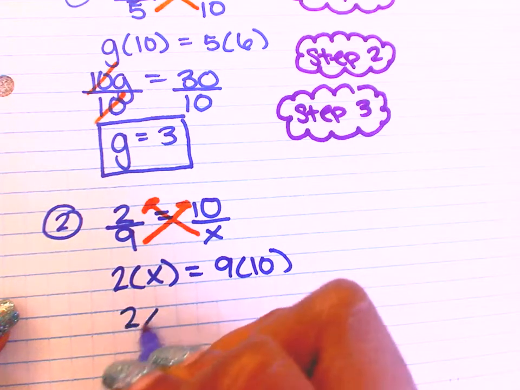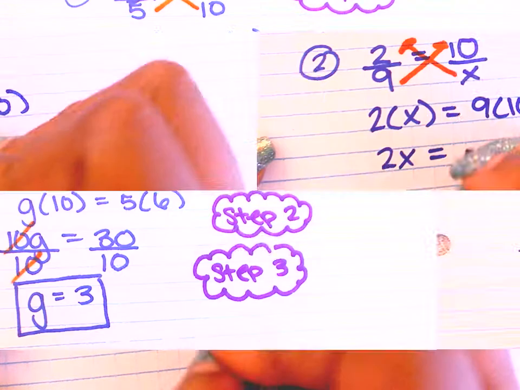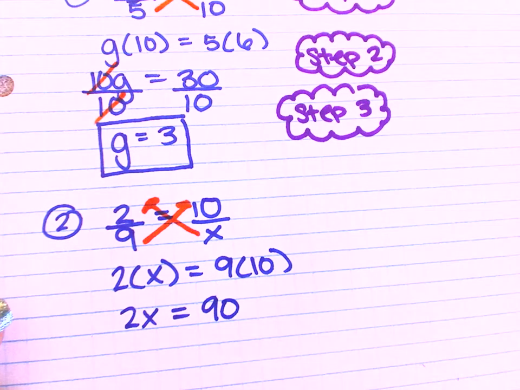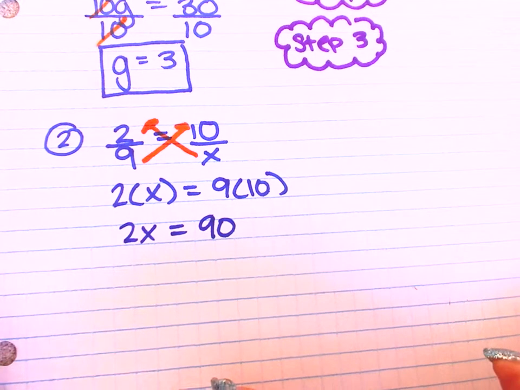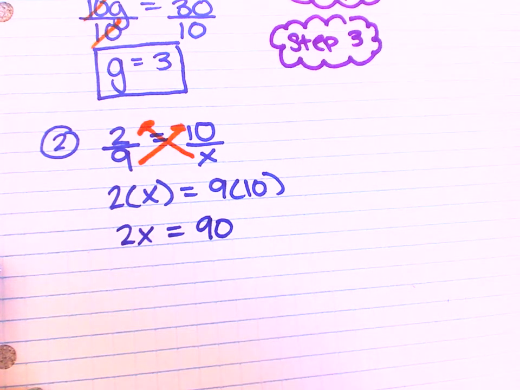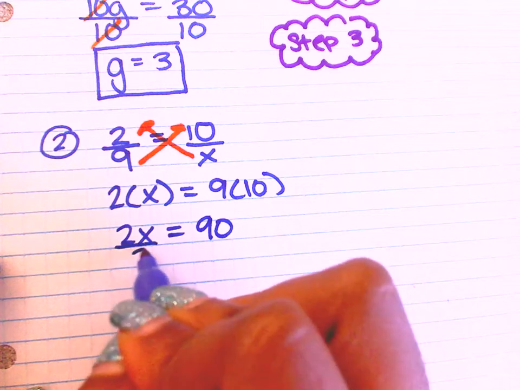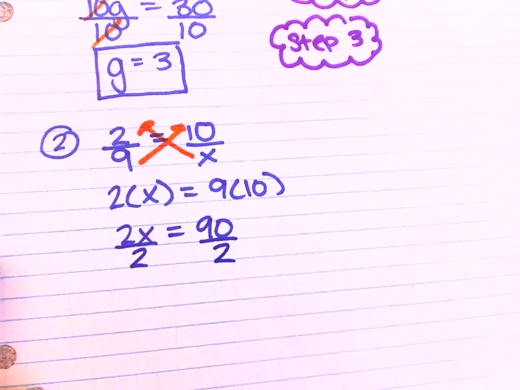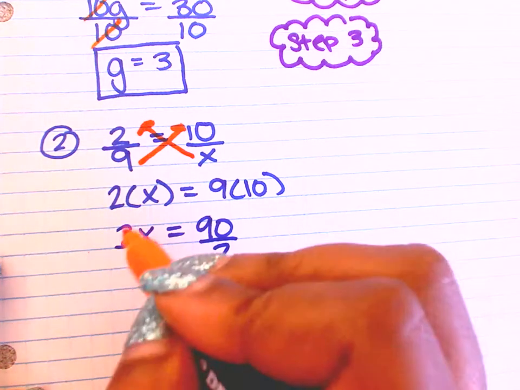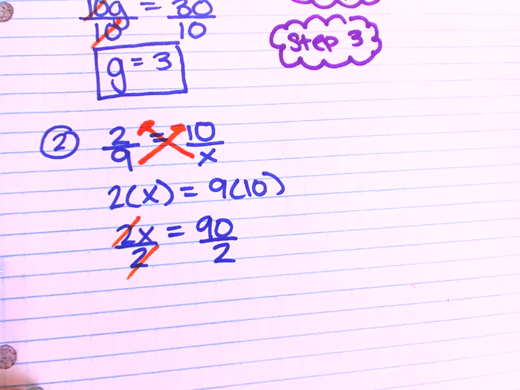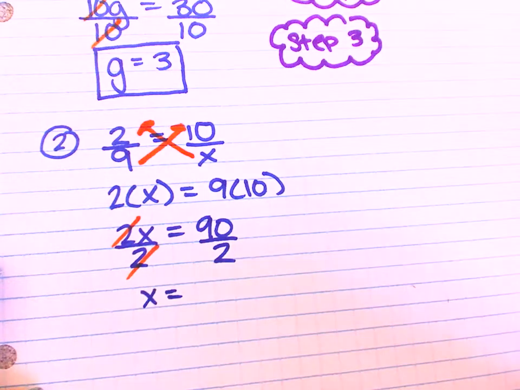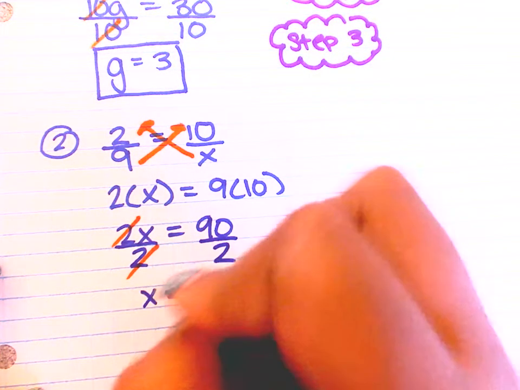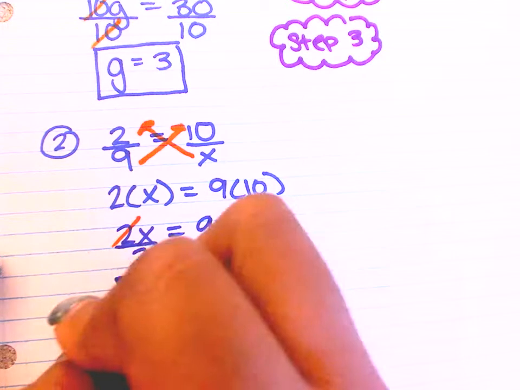So this becomes 2x equals 9 times 10 is 90. Then lastly, step number 3 tells me to isolate the variable. So to get x by itself, I'm going to divide by 2 on both sides. My 2's cancel each other out. I'm left with x on the left side. And 90 divided by 2 is 45. And then box your answer.